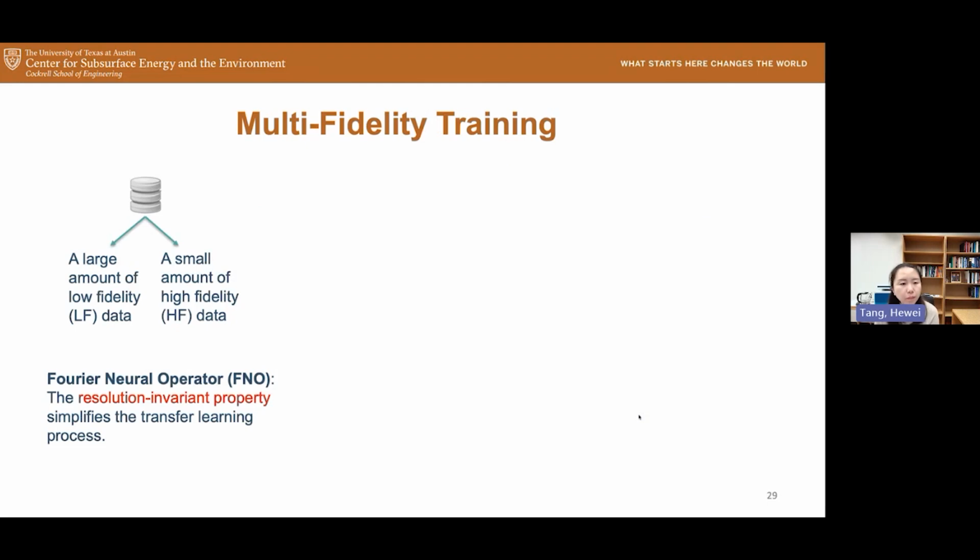So what I mean by multi-fidelity training here is that we first train the model with a large amount of low fidelity data, and then fine-tune the model with a small amount of high fidelity data.